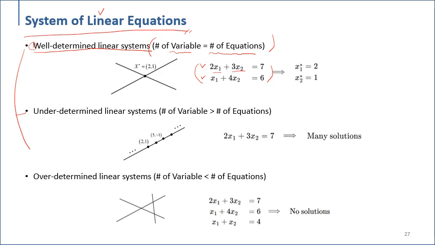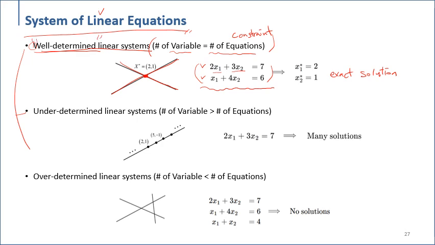Equations can also be regarded as constraints. By plotting these two equations, we can find the one crossing point, which would be the one and only exact solution of this system of linear equations. That's why we call this system well-determined linear systems.